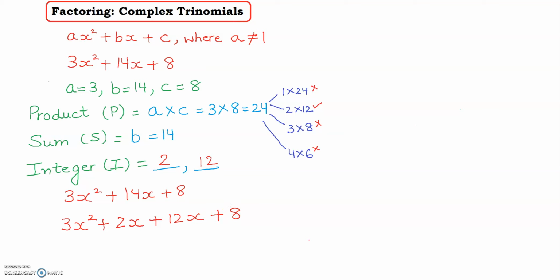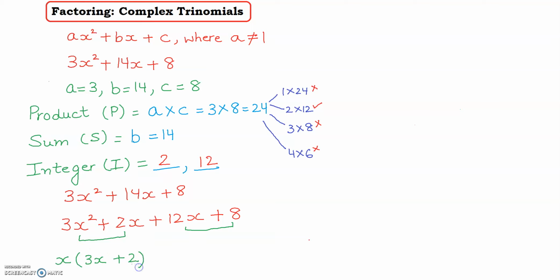Now, after this step, I will do the common factoring. I will factor a common term from the first two terms and a common term from the last two terms. From the first two terms, which is 3x squared plus 2x, I have x common, so I will take that out. So 3x is inside plus 2.